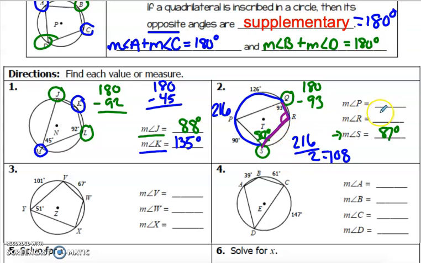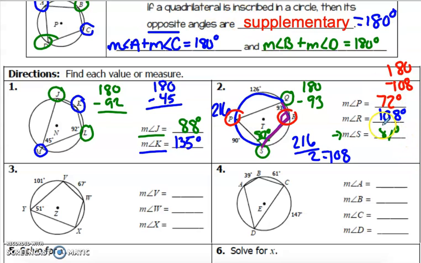So I know that the measure of R is going to be not 180, 108. Okay, so you had to use your knowledge of your arc measurements and inscribed angles to figure that out. And now I can ultimately figure out P, because P and R are opposite and they have to be 180. So 180 take away angle R, which was 108, is going to give me 72 degrees.